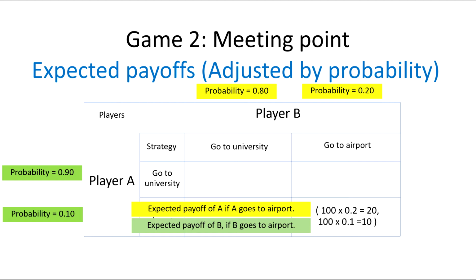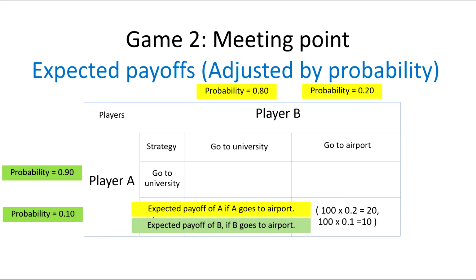You see here the expected payoff of B. If B goes to the airport too and A goes to the airport, B will gain 100 U-turns, but with a probability of just how much? 0.1, 10%. Therefore, B can expect to gain just 10, which is 100 times 0.1.